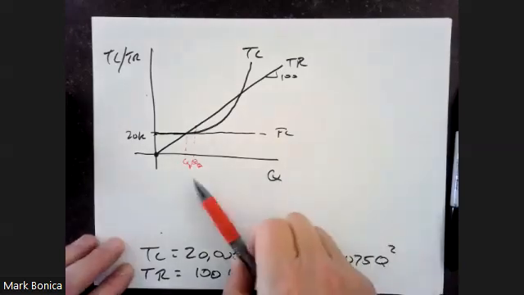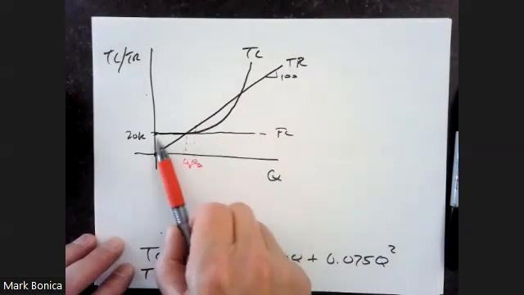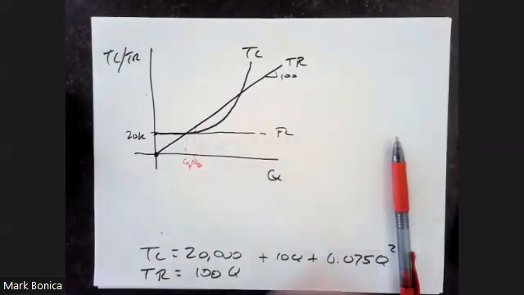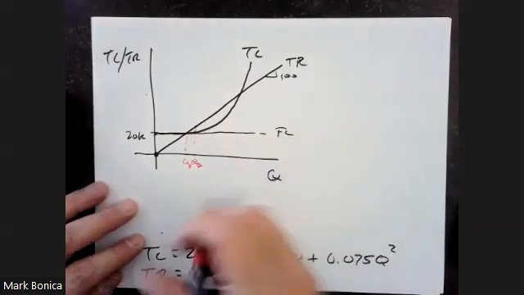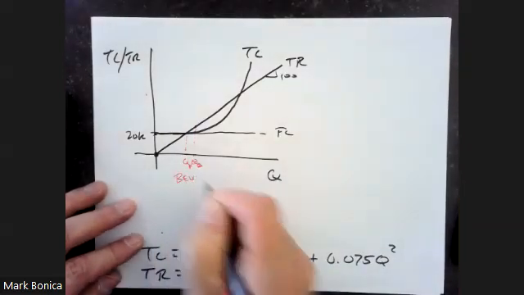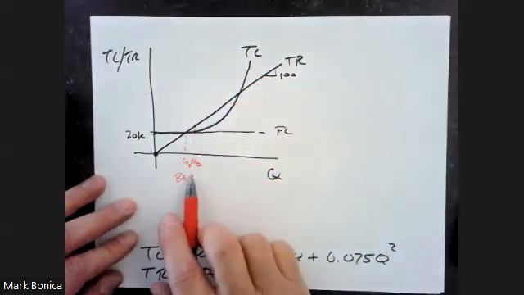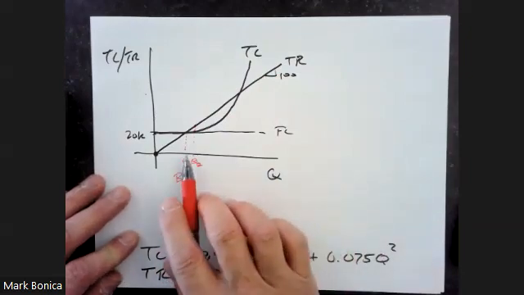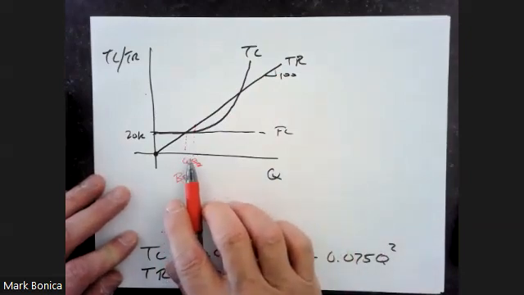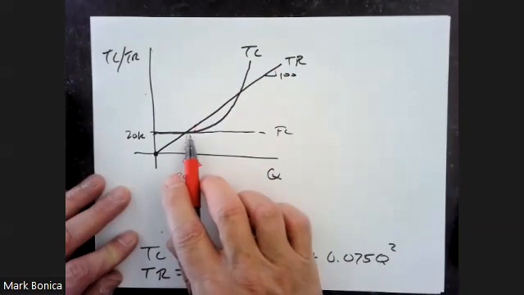So what is Q1, this point where the total revenue line crosses the total cost line for the first time? It's the break even, right? That's my break even point. Now, if I'm 1 unit over to the right of Q1, I'm making a little bit of profit.